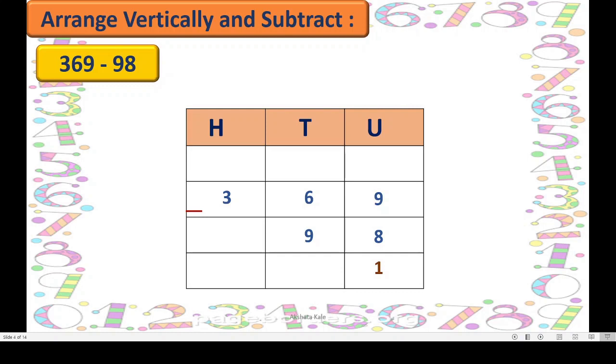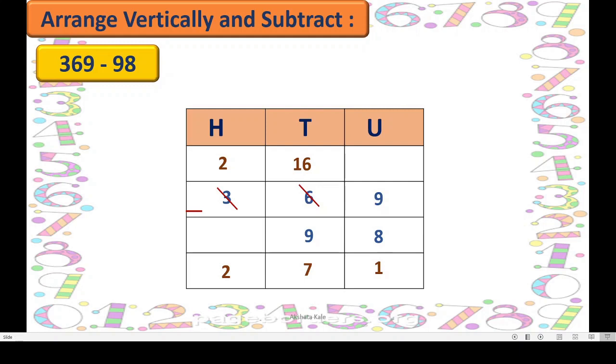In the tens place 6 minus 9. Not possible. Again 6 borrows from 3 and it becomes 16. Correct? And 3 becomes 2. Right? You know this operation now. So 16 minus 9 is equal to 7. And 2 remains as it is here. So 271 is the answer for this sum.